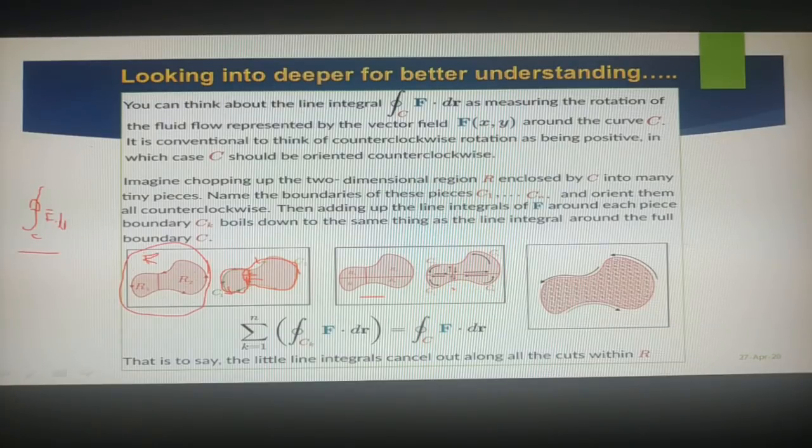On the outside, every time you take the counterclockwise direction, while inside all are going in opposite directions.